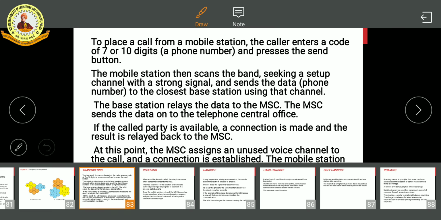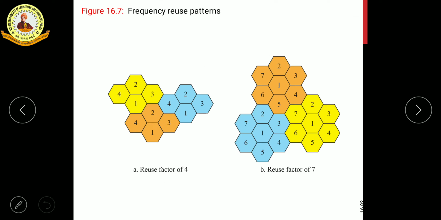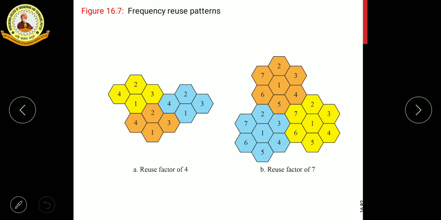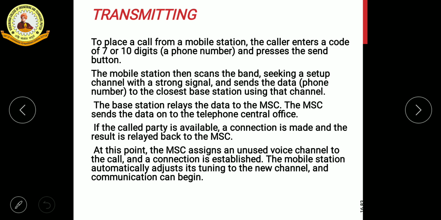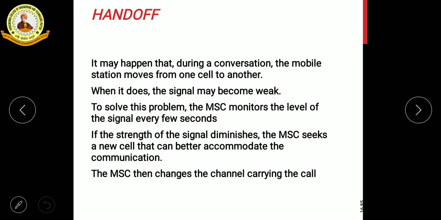For this question, operation of cellular telephony, you are going to write about the frequency reuse principle. You are going to write about this figure, how it works, reuse factor of 4 and reuse factor of 7. Try to draw this diagram. It looks easy, but it is not easy. Then write about transmitting, how a call is made and how you receive a call, and when you move from one cell to another cell, what happens?